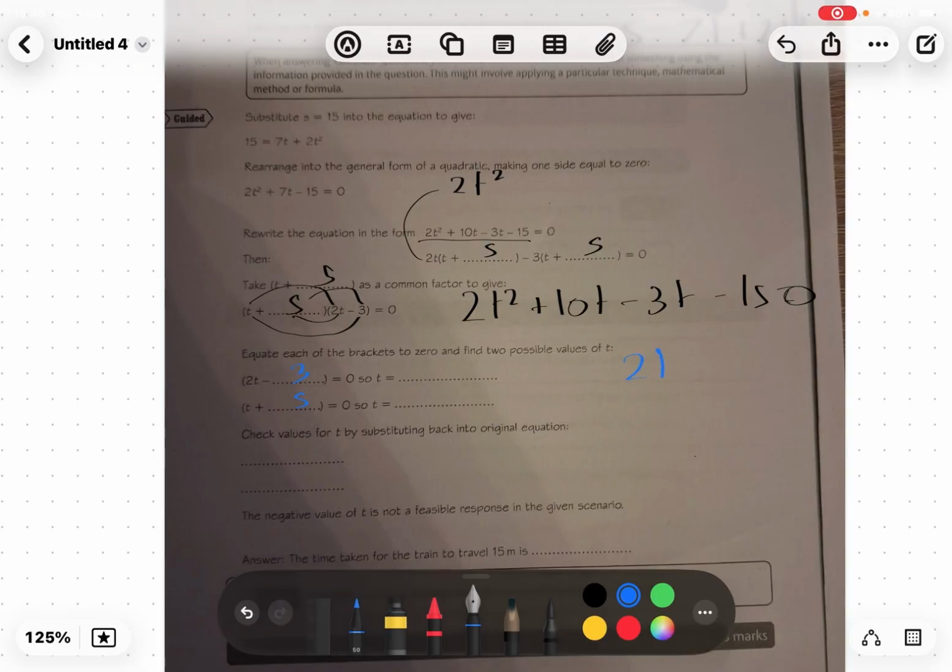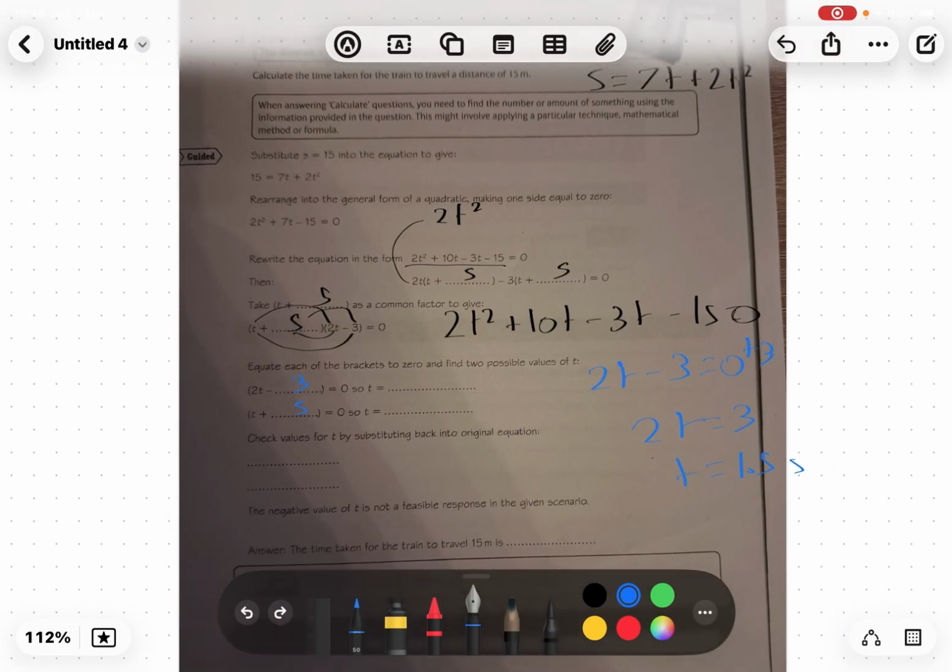This is what we have right now. To find t for this equation, we need to plus 3, so 2t equals 3, and then divide by 2, so t equals 1.5. Let's put seconds straight away because we're working out, wait, is it seconds, because we have the distance.